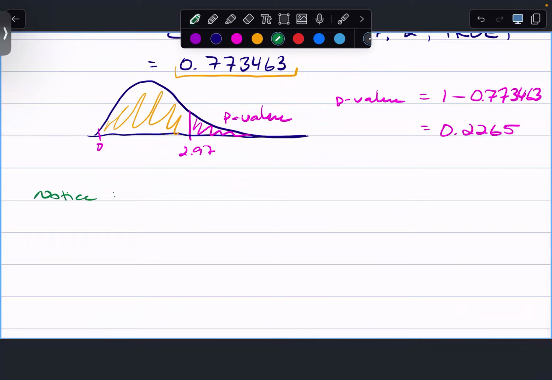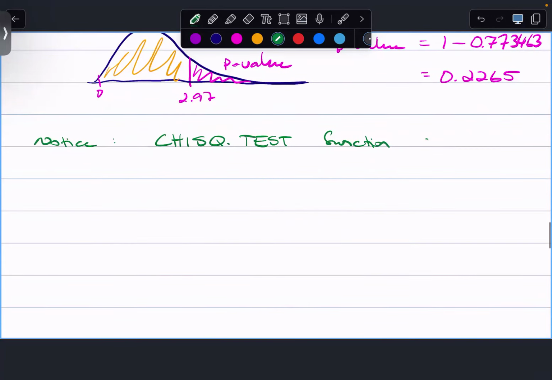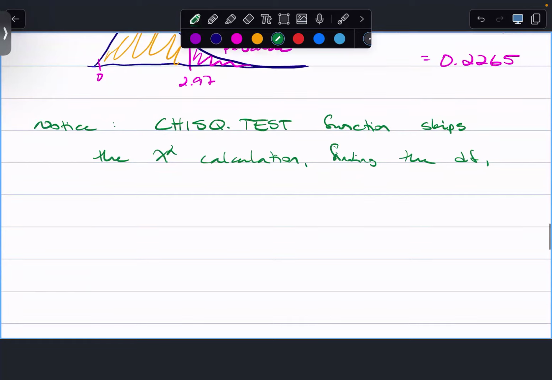Notice the chi-squared dot test function skips the chi-squared calculation, finding the degrees of freedom, and finding the area to the left.